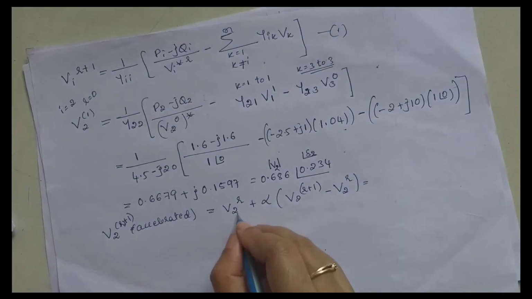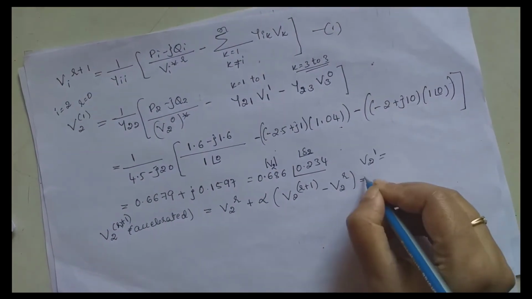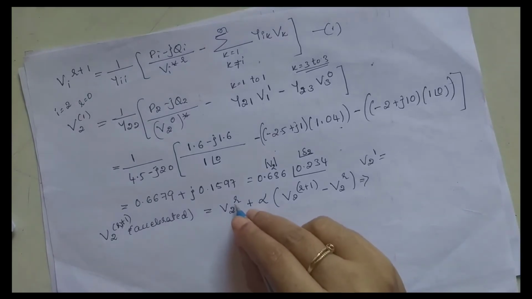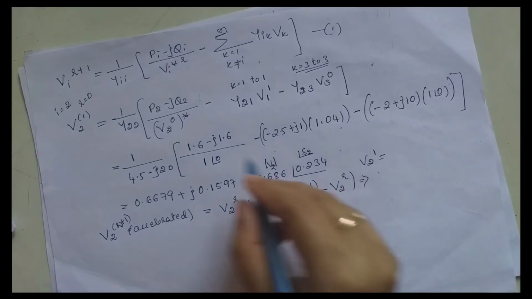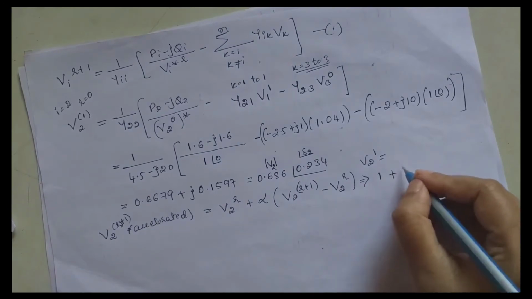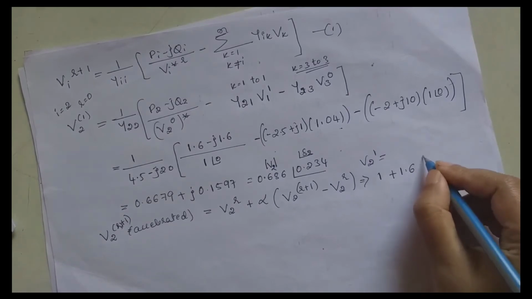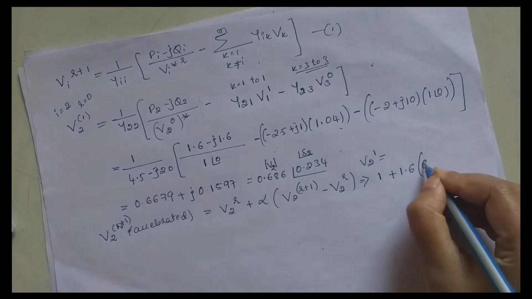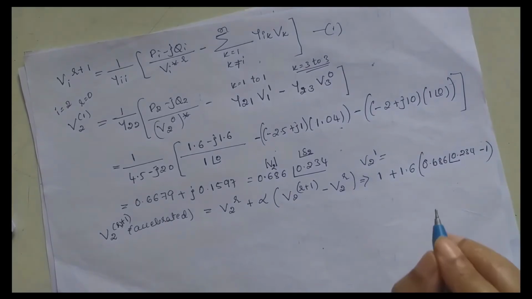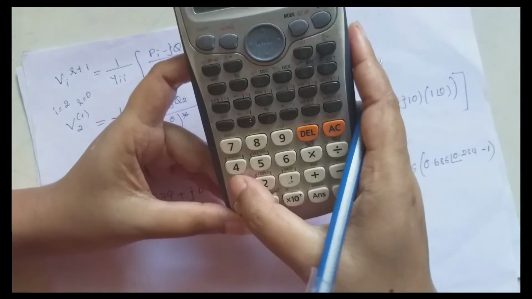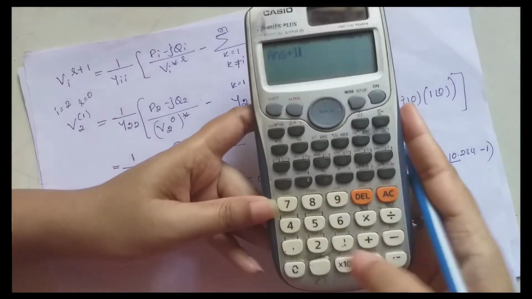Taking r as 0, V2 1 accelerated is equal to V2 0, which is 1, plus alpha, given as 1.6, into V2 1, 0.686 at an angle 0.234, minus 1, plus 1.